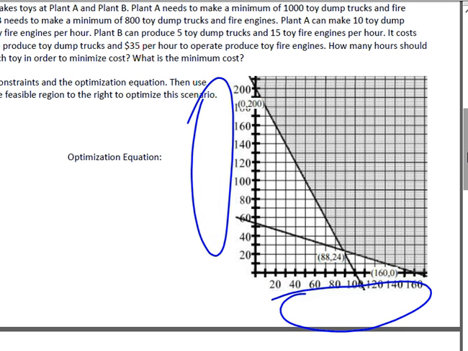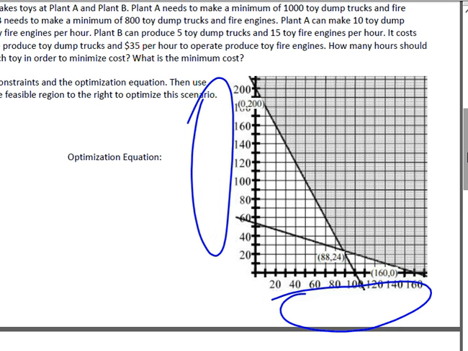All right, you guys get to pick, but I strongly recommend that you take whatever they tell you first and make that your X. Now, unless we've already got it decided for us because it's already been graphed, I think we do actually. So this is a little bit of a flaw in the worksheet. Sorry about that. It doesn't tell us which one's X and which one's Y. So let's figure it out. Can anybody figure out from the equations they've given us which one X and which one Y has to be? One of them is dump trucks, one of them is fire engines.